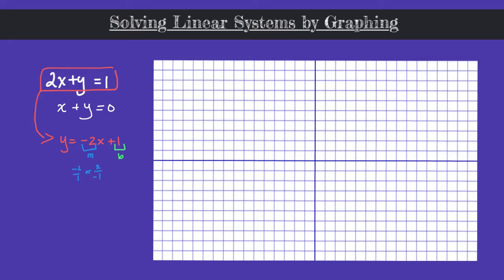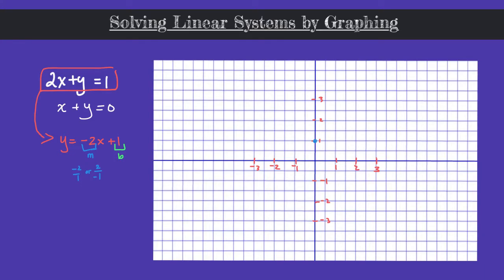So when we graph this, what you don't want to forget is to label your axes. Now, our y-intercept, or the point at which the graph crosses the y-axis, is 1. So let's go ahead and plot that.